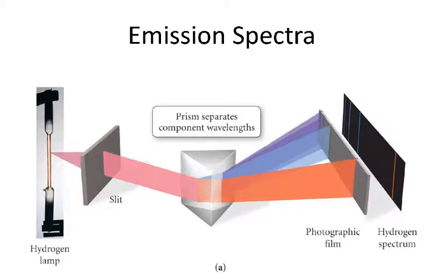And here's the emission spectra I was talking about. So if we excite hydrogen ions here in a hydrogen lamp, run it through a slit and then through a prism to separate out the wavelengths, we get just these characteristic wavelengths of light being ejected. So only photons with a certain wavelength are emitted when an atom or molecule is excited.